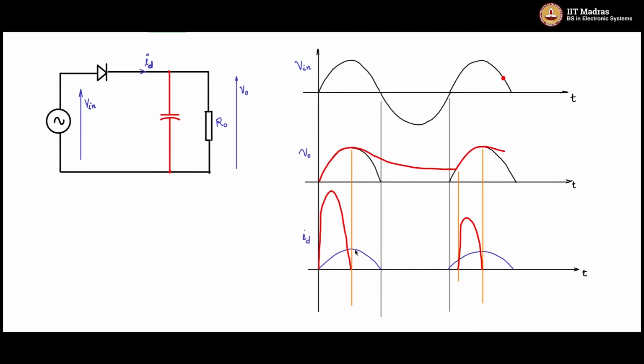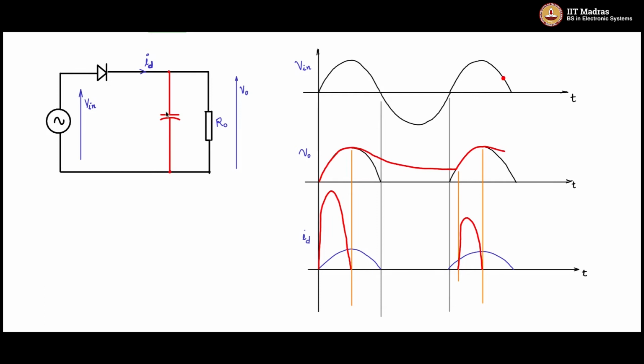So this red curve is basically the diode current, which will split into two parts: the AC part, which will go through the capacitance, and the DC part, which will go to the output. The capacitance cannot handle the DC part.